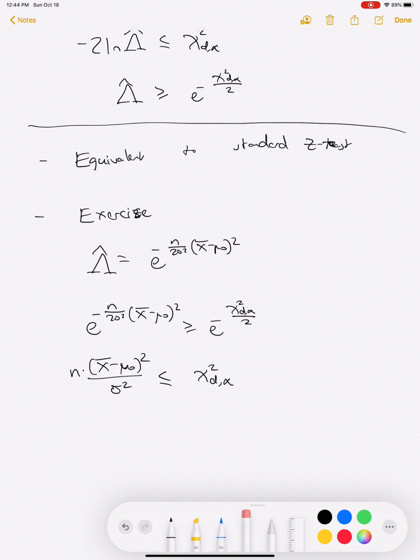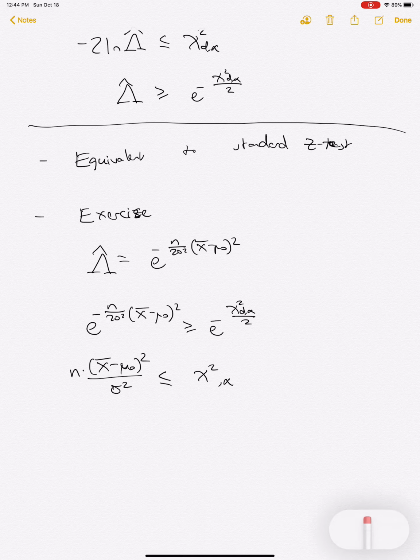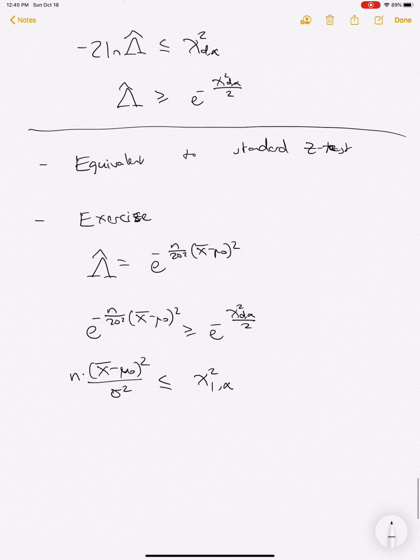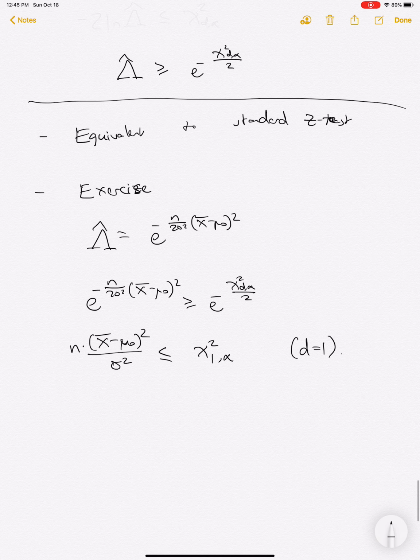And here the degrees of freedom is just 1, because clearly we're in this scenario where d equals 1. So this is just a check of what we're doing. This is the acceptance region in terms of x bar.